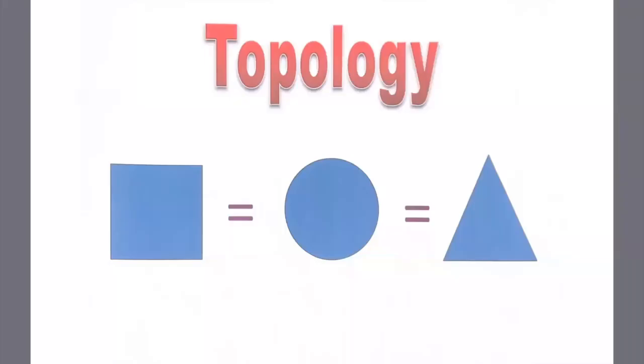And when I know two topological spaces are homeomorphic, I know that they share what are called topological invariants. Topological invariants are topological properties that are preserved under homeomorphism.